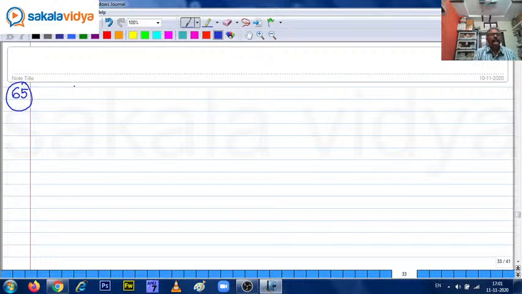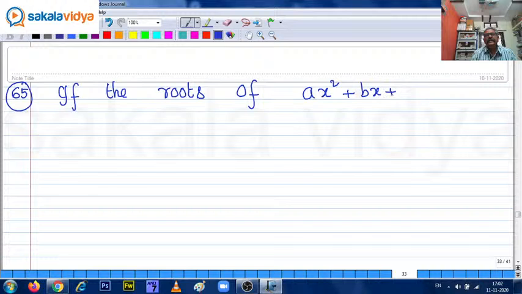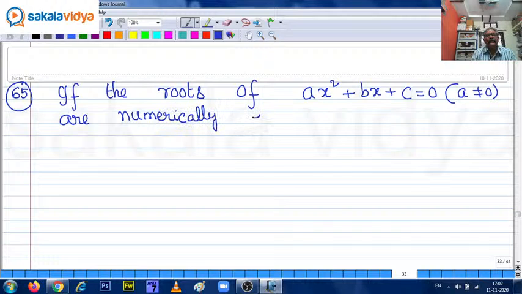65. If the roots of ax square plus bx plus c equals 0, a does not equal 0, are numerically equal but opposite in sign.